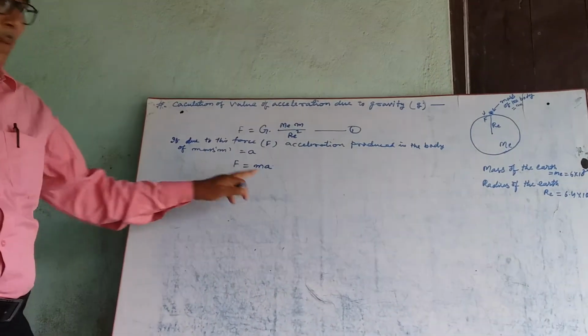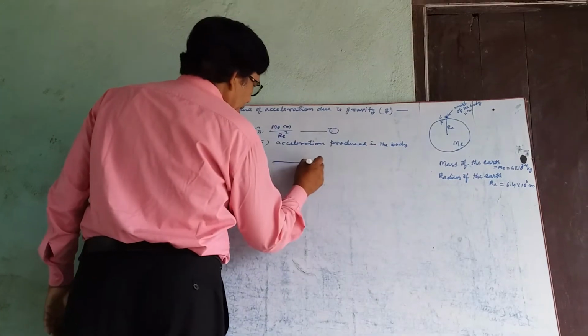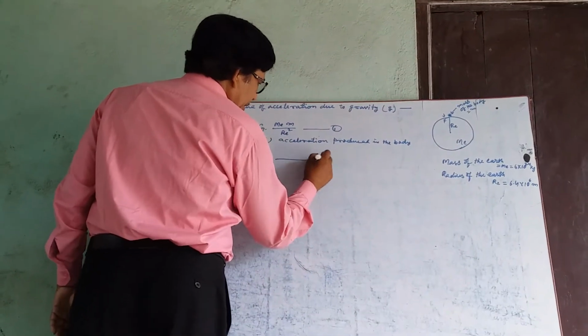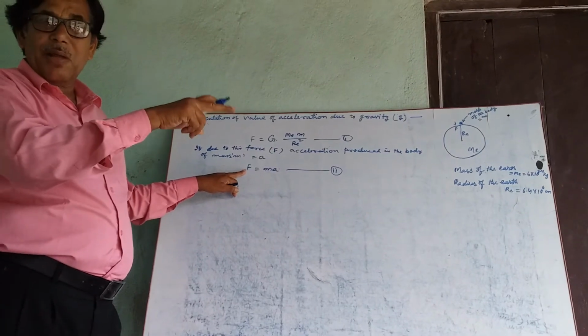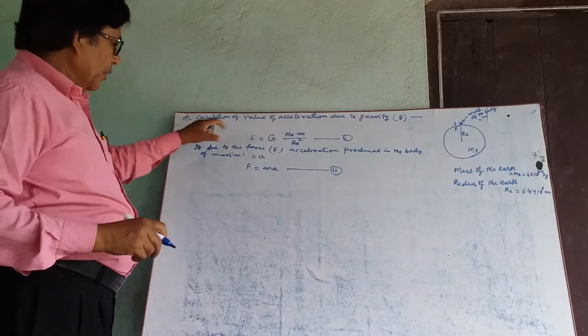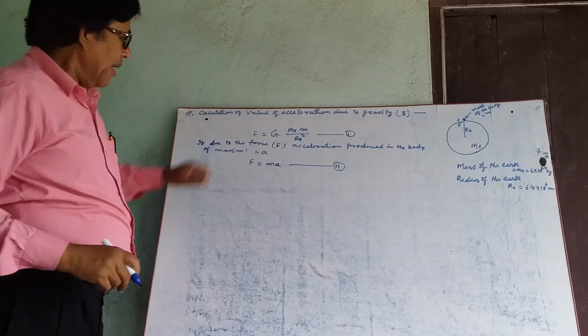F equal to ma, this will be equation 2. This is the force which is exerted by the earth on the body on the surface. Therefore, these two F are the same.